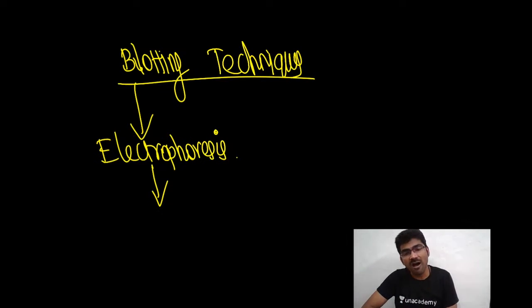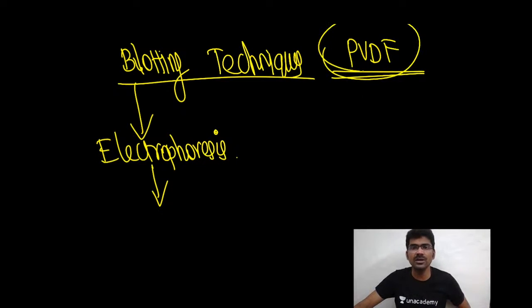After that, you have to transfer either the protein or nucleic acid onto a membrane. That membrane can be a nitrocellulose membrane, or a newer one, PVDF membrane. In our lab we use PVDF. You can use nitrocellulose or PVDF. In those days they used nylon membrane also.